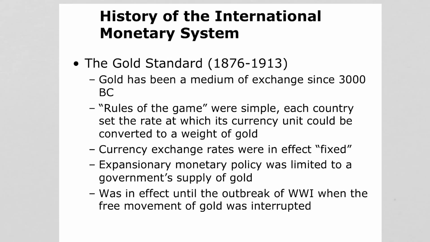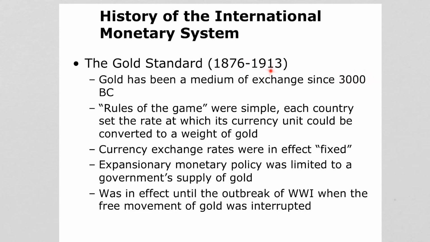Let's start with the gold standard. This is a historical exchange rate system. Gold is probably the oldest currency out there, used as a store of value and for trade of goods and services since about 5,000 years ago.